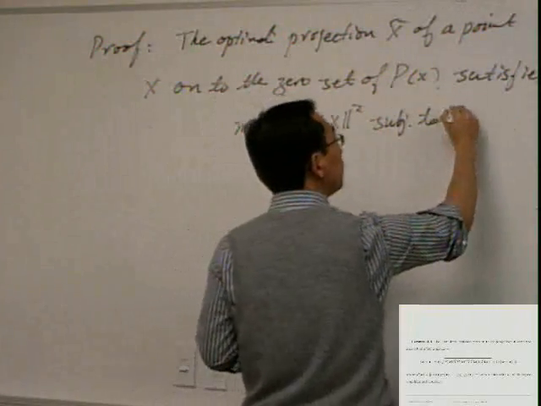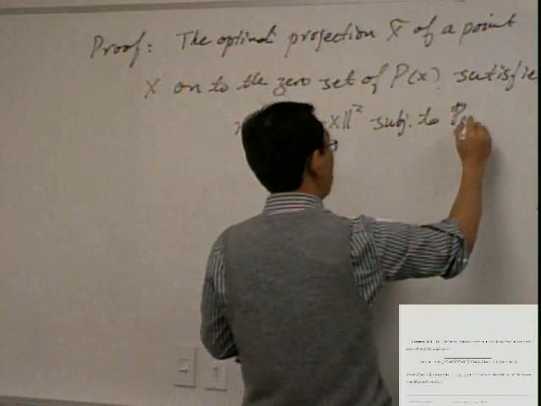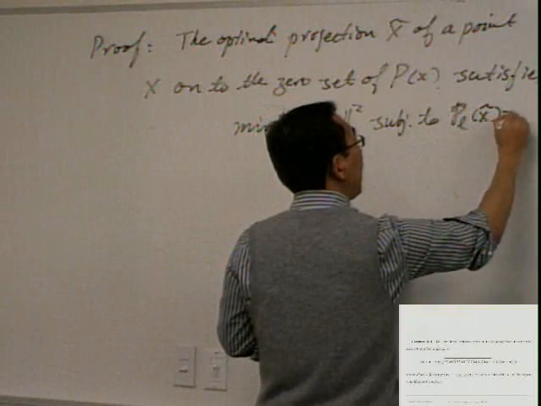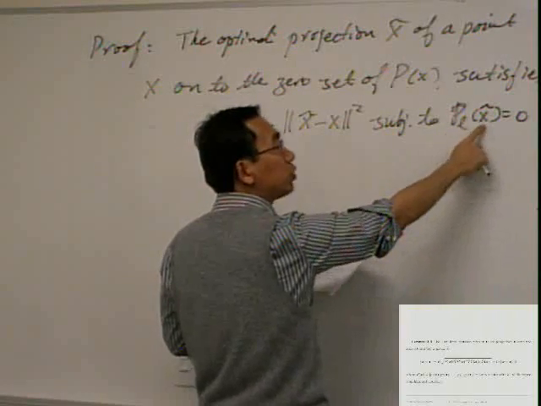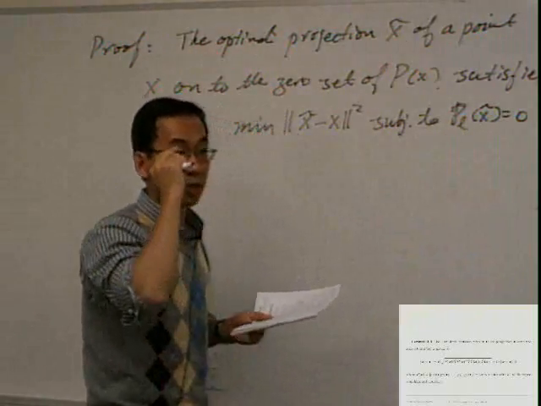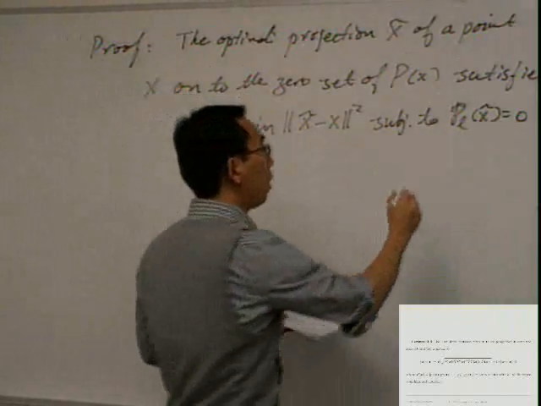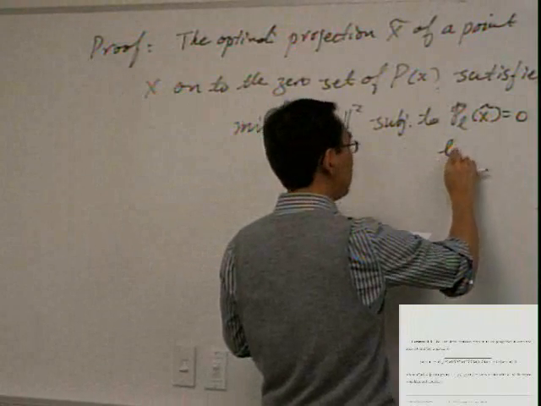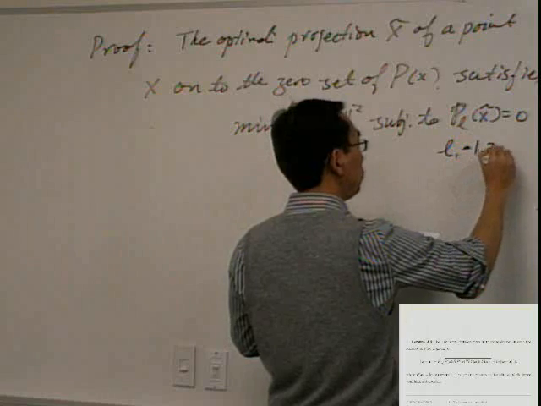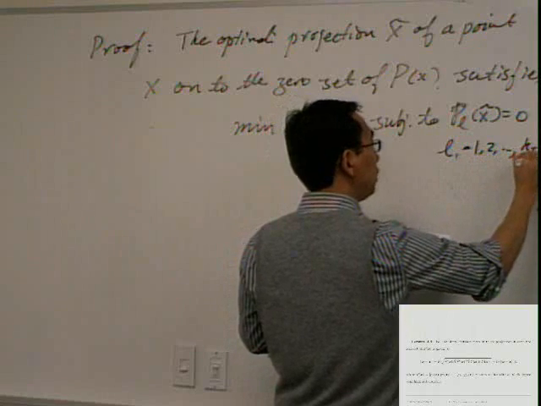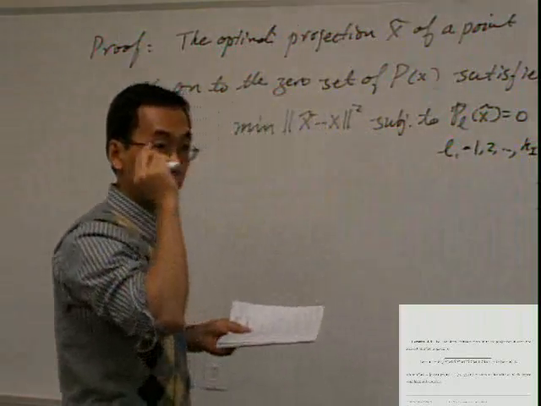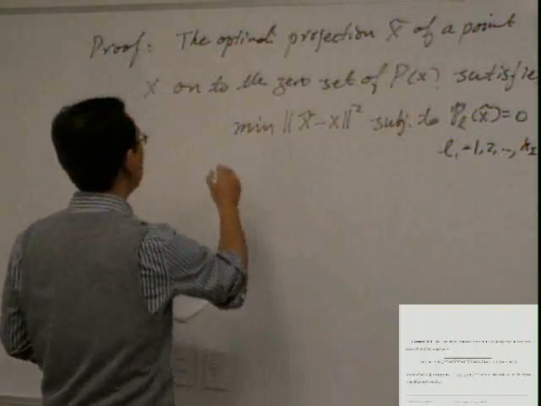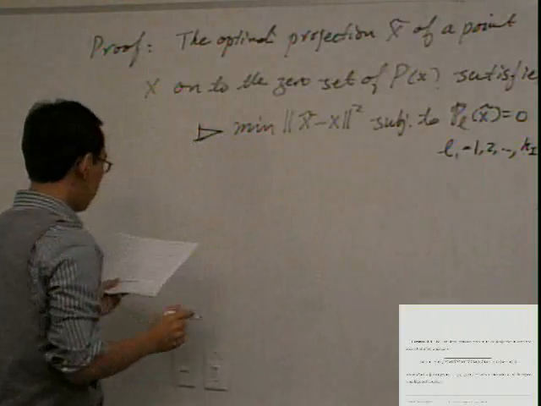That's what I use. At least after the projection, the evaluation of those polynomials at the projected point should be equal to 0, right? Which means they are on the 0 set, where l goes from 1 to the number that the Hilbert function will tell you. Okay? So that's the condition.